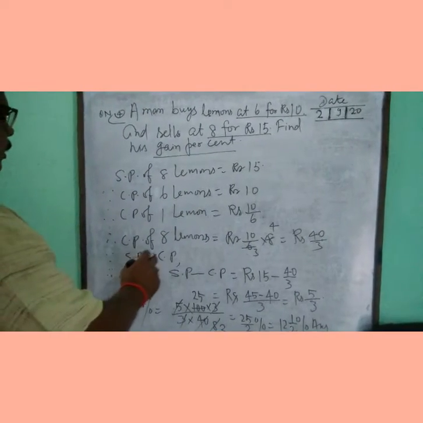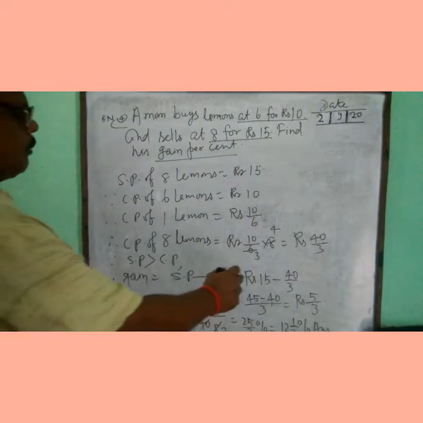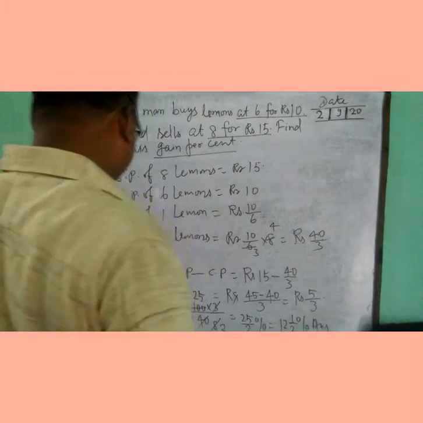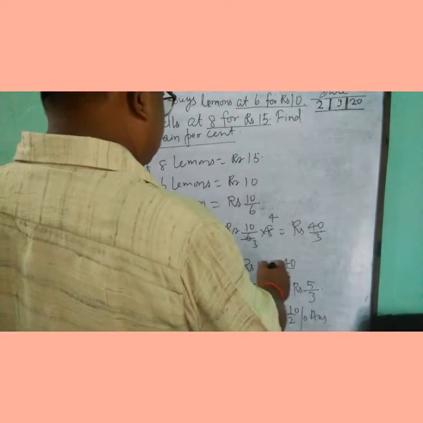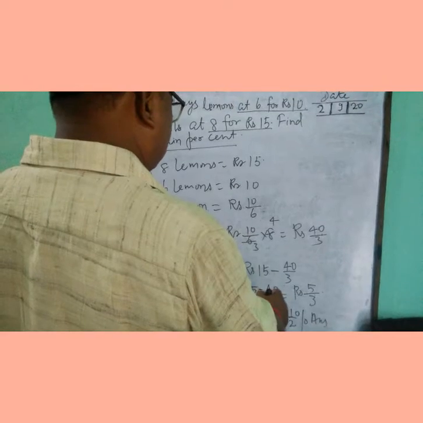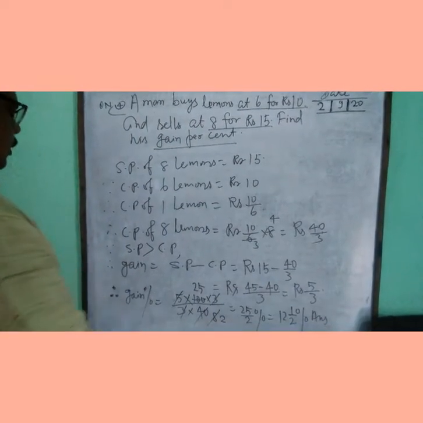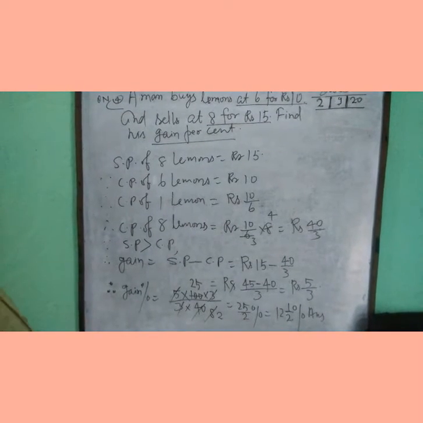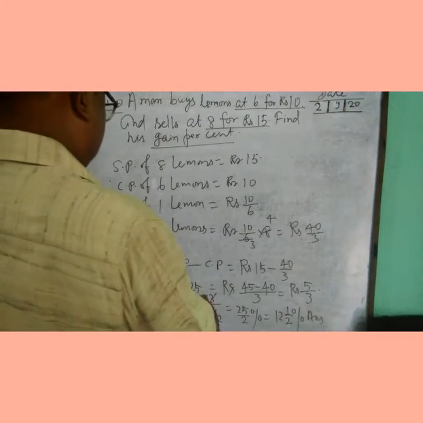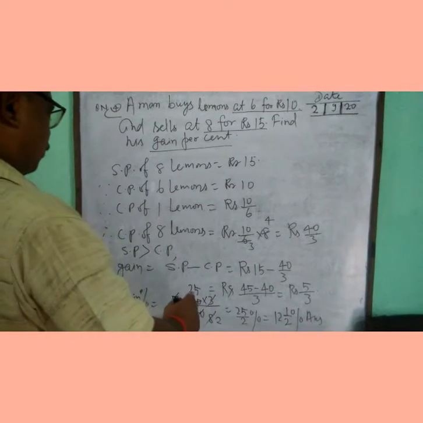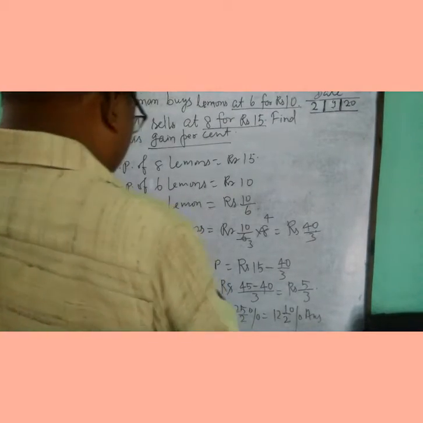Here SP greater than CP, therefore gain is equal to SP minus CP is equal to Rs 15 minus 40 by 3 is equal to Rs 15, 3 is 45 minus 40 by 3 is equal to Rs 5 by 3. Therefore gain percent is equal to gain multiply 100 by CP is equal to 5 multiply 100 by 3 multiply 40 by 3.